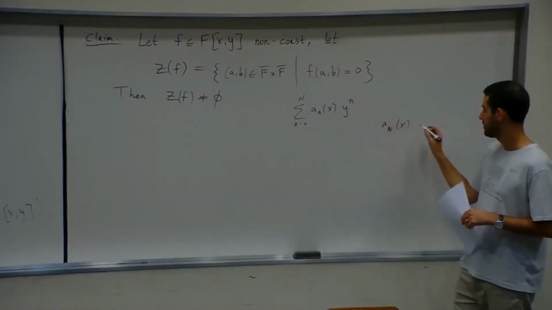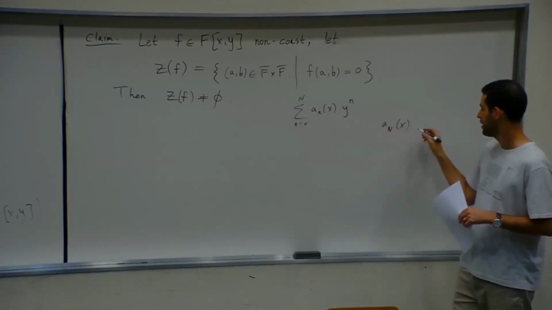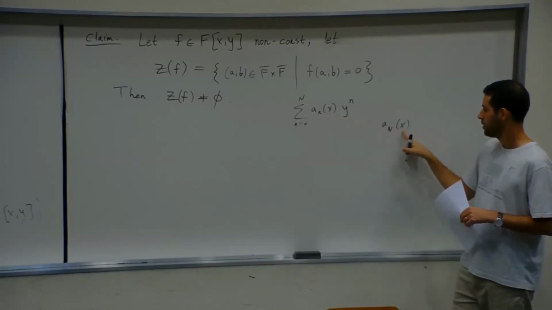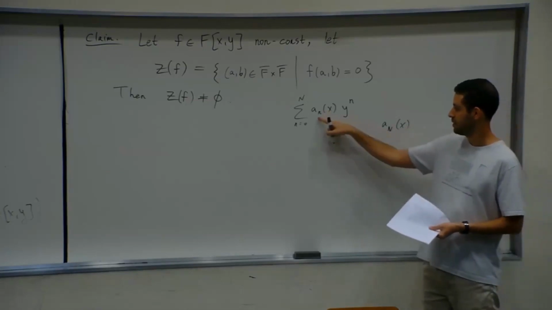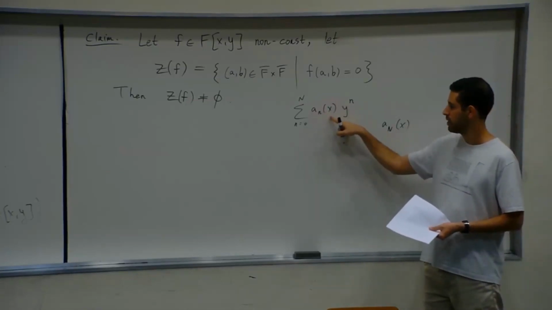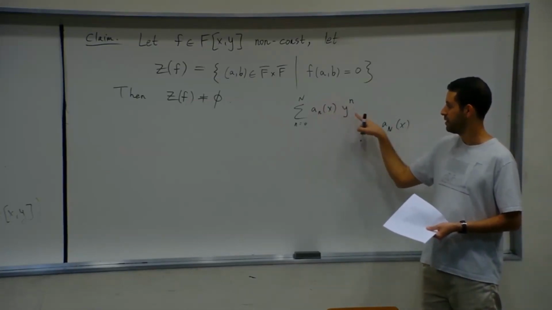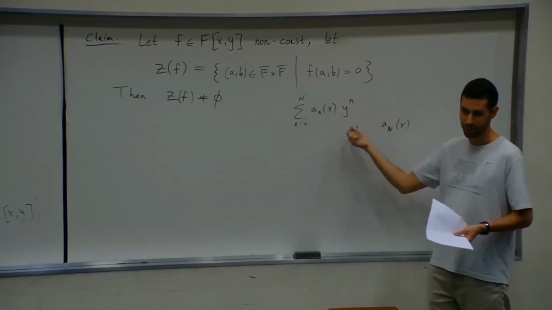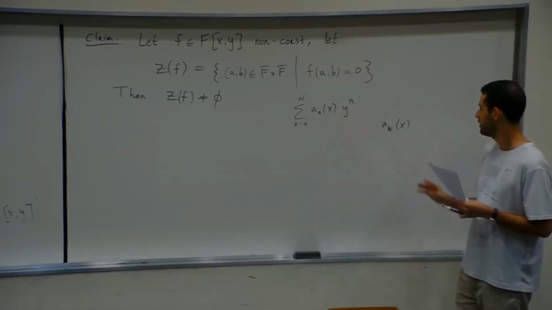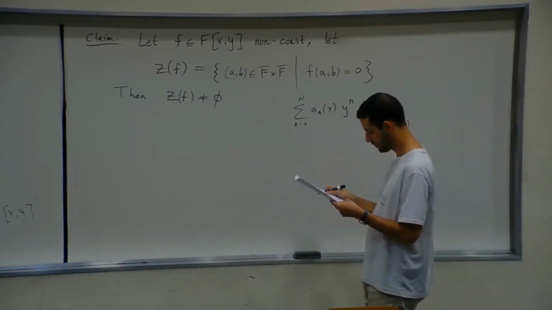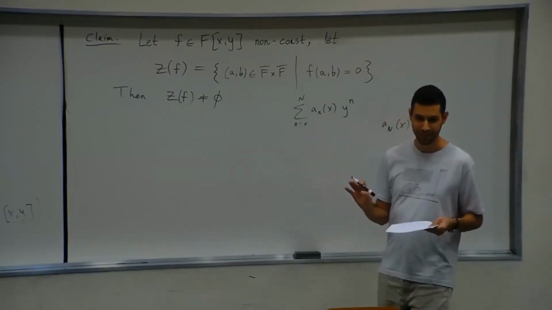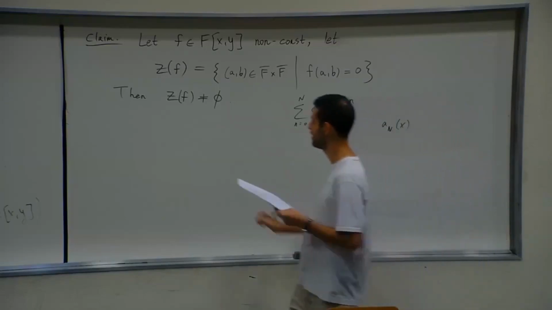So almost every value that we substitute here will give a non-zero leading coefficient, and then we get a polynomial in y which has a root. So again, we have infinitely many solutions. Is it clear?